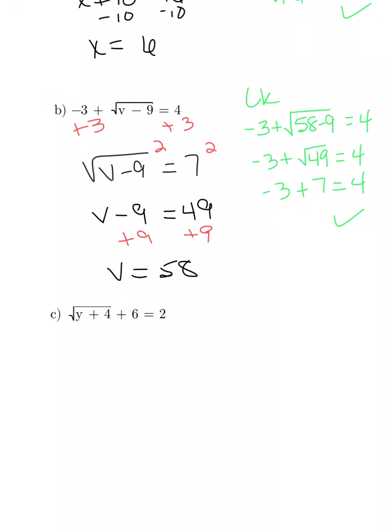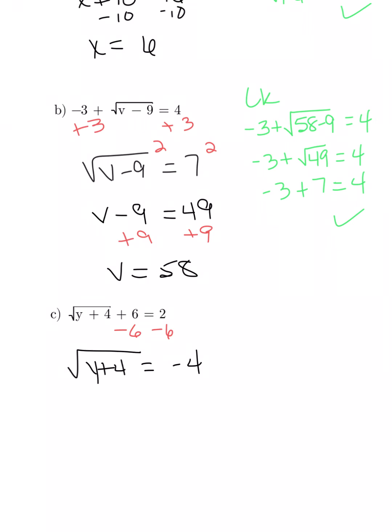On this next problem, our radical is not by itself. We're going to start out by subtracting 6 on both sides. This leaves us with the square root of y plus 4 equals negative 4. When you get a situation like this, where you have something inside a radical equaling a negative number, that is not possible.